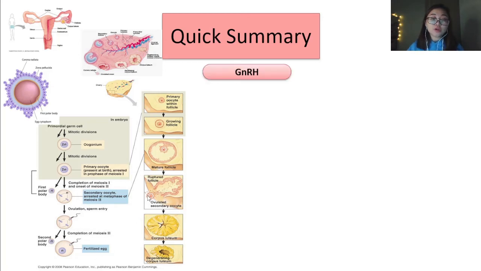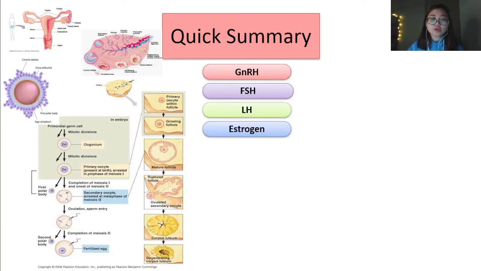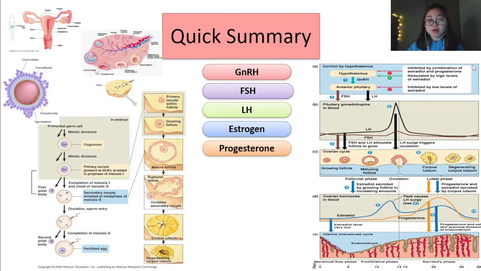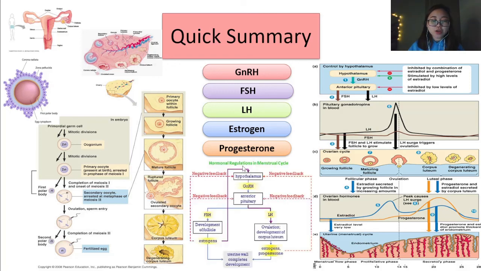We talked about the hormones that are involved, GnRH, FSH, luteinizing hormone, estrogen, progesterone. We talked about the menstrual and the ovarian cycle, and we looked at that process in this very long chart. And we also touched a little bit about the hormonal regulation in menstrual cycle that involves both positive feedback and negative feedback mechanism.